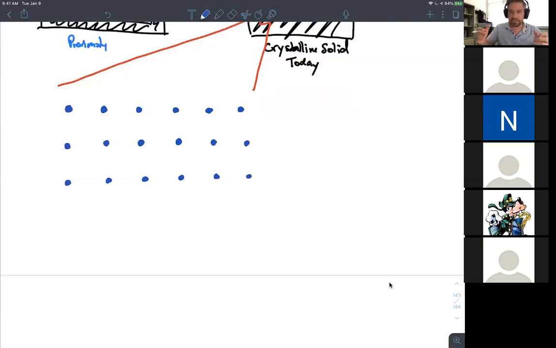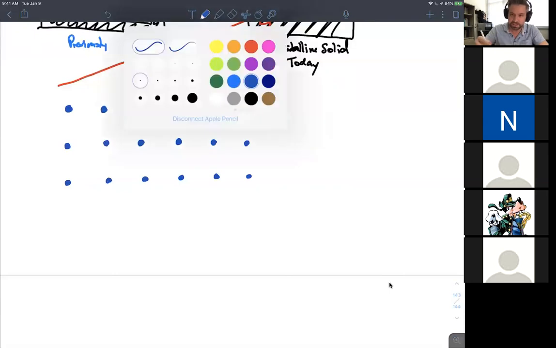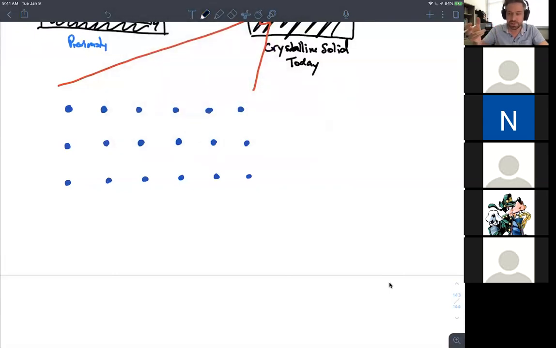Okay, now this material is a solid. That is, it's not like a gas. The atoms and molecules are not free to move around wherever they want. They are held in place in this regular grid. Okay, and the reason they are held in place is a consequence of the bonds between adjacent atoms and molecules.